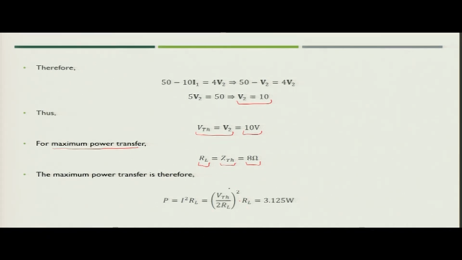This is as per the maximum power transfer theorem, and when we apply it, we simply get the value of power P as 3.125 watt.